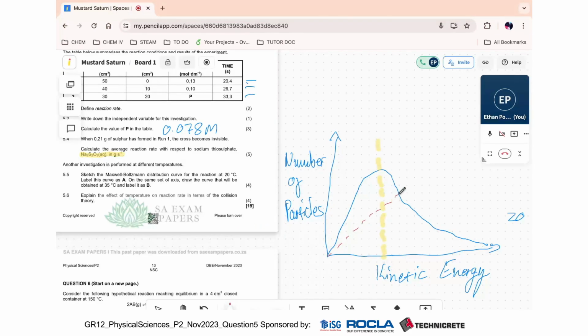So we're going to have our peak, the highest part of the curve, be somewhere more to the right because there's more energy. This is at 34. However you draw this, you just have to make sure that the higher temperature has its highest point more to the right because there's more kinetic energy at a higher temperature, and that's basically it.